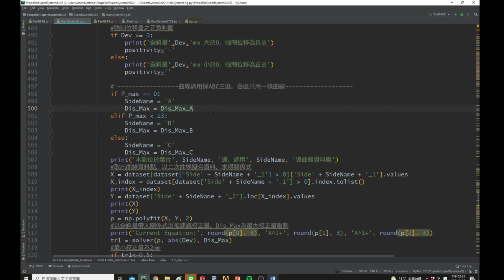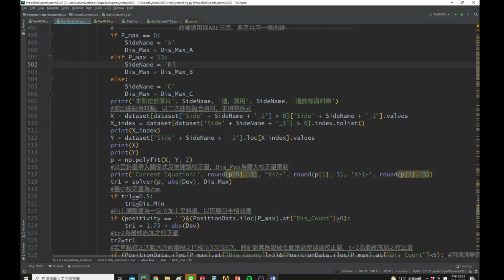So a lot of parameters in this program are from experiment and experience. Actually, a lot of things are out of our assumption.